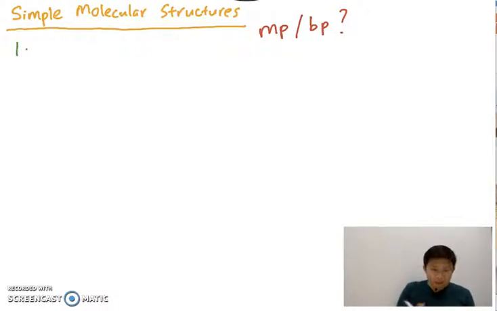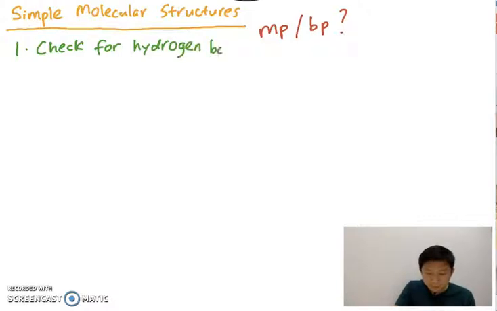You check for hydrogen bonding. Remember, hydrogen bonding is the strongest kind of intermolecular forces of attraction. So if there is hydrogen bonding, I believe it will have the highest melting and boiling point. Let's say there is no hydrogen bonding, we move to step 2.